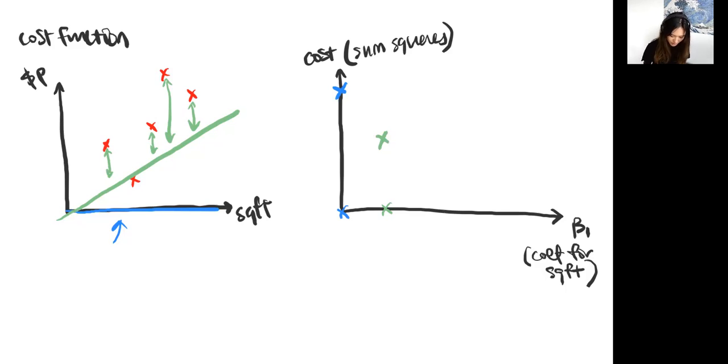So what gradient descent is going to do is take into account the learning rate and keep incrementing on different values of this beta 1 to try and get the cost as low as possible. And by the definition of learning rate, as your error gets smaller and smaller, you'll increment by less and less. So we're not always increasing by an equal amount.